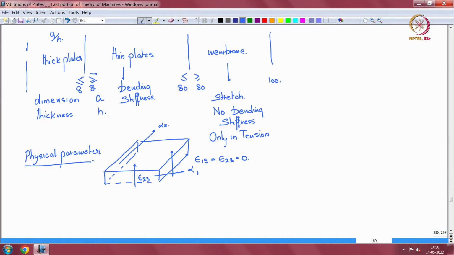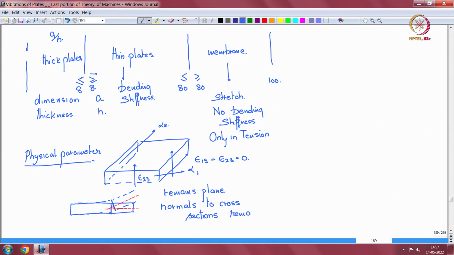Okay. And what that further relates to in a physical picture is that if we have some structure, let us say this is a beam, and then it bends, and as it bends, this plane section rotates and becomes like this, remains plane, and normals to cross sections remain normal after deformation.